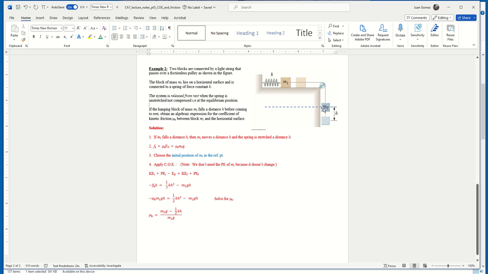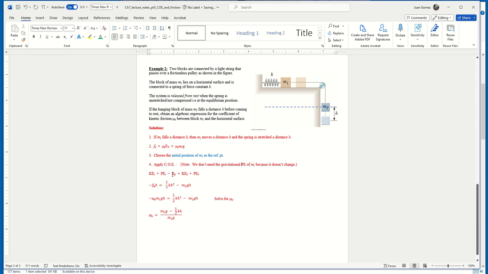I'm choosing the initial position of M2, indicated by the blue dotted line, as my reference point, meaning initially the potential energy of M2 is 0. I don't care about the gravitational potential energy of M1 because it doesn't change. So again, KE initial 0, PE initial, both spring and gravitational, 0.